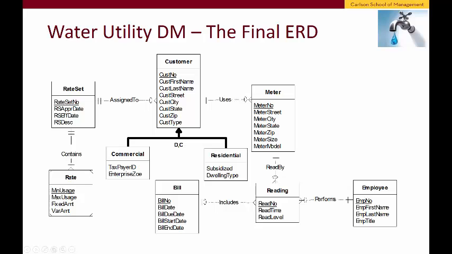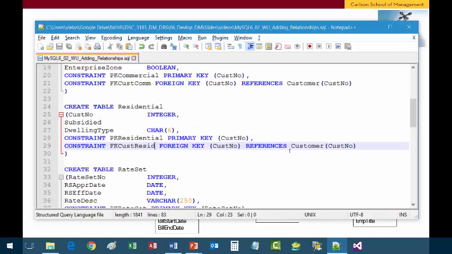In that case, because the child, or crow's foot child, rate is the child table as well with a crow's foot symbol right here, we need to insert the rate set number into the rate table, and then declare it as a foreign key as well in the code.